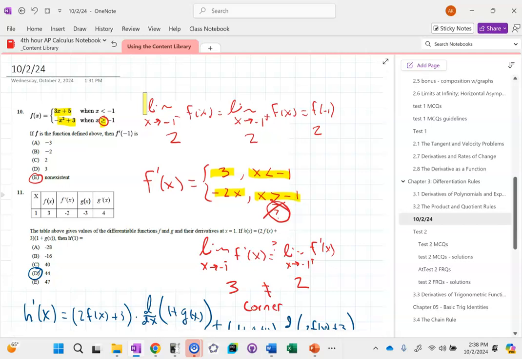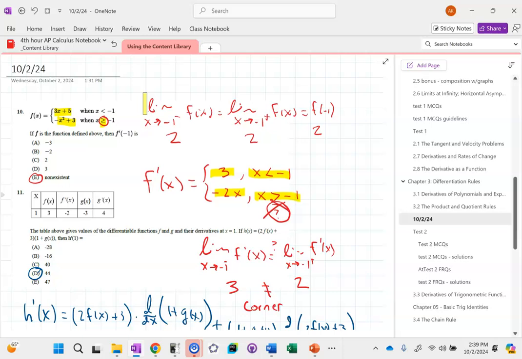Just because the function f was continuous doesn't mean the derivative is going to exist there, right? Because you could have a jump discontinuity, or you could have a corner or vertical tangent or something going on there. So I have to check -1 to see if the derivative actually exists there. So I have to check to make sure f is continuous at -1.